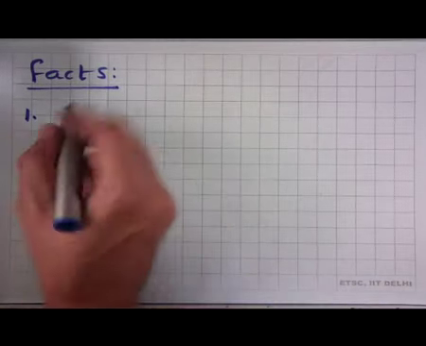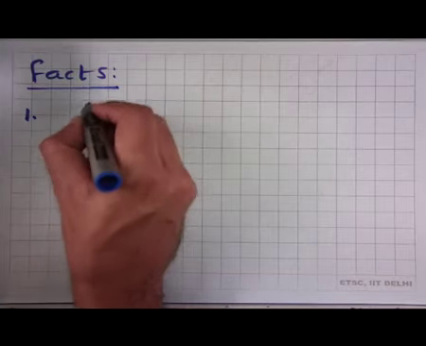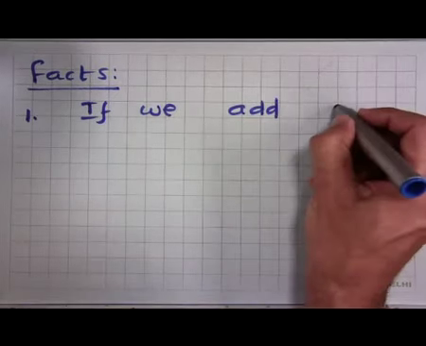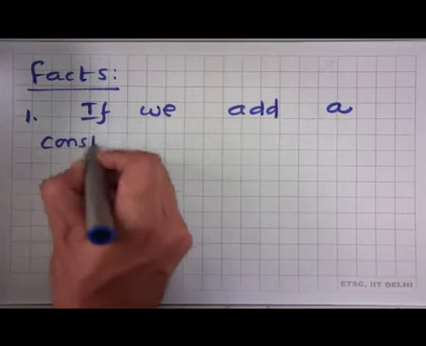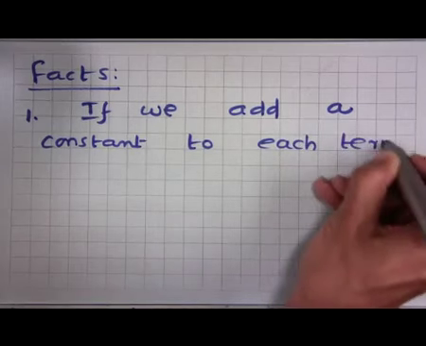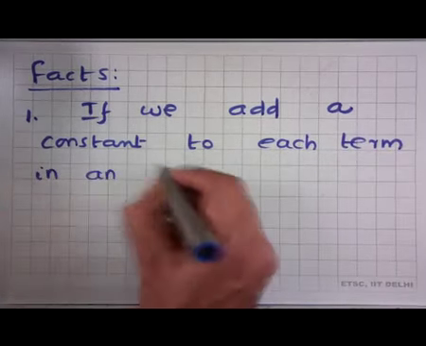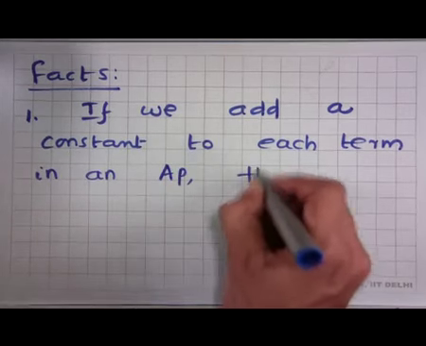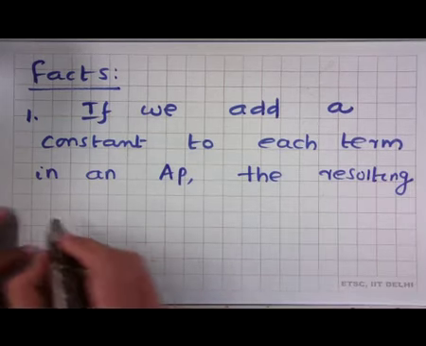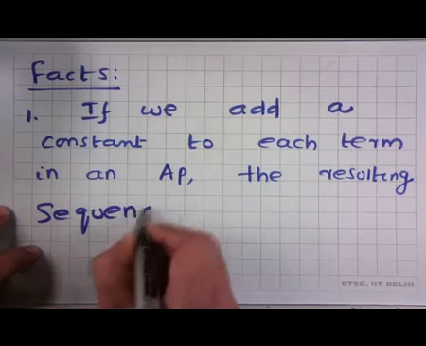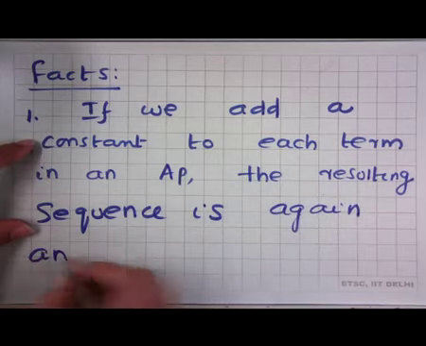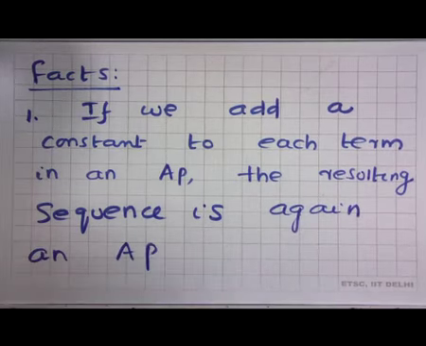First fact: if we add a constant to each term in an arithmetic progression, the resulting sequence is again an arithmetic sequence or arithmetic progression.